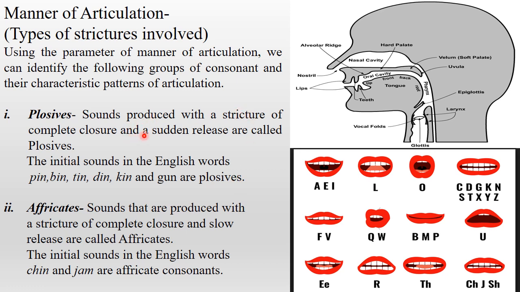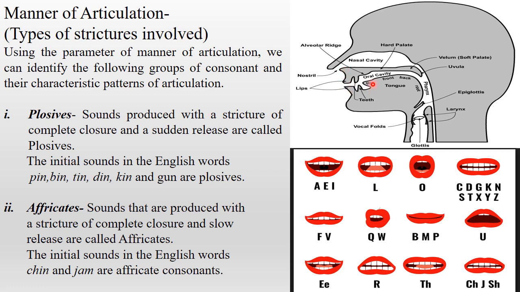So a stricture of complete closure and sudden release. For example, if you are producing this sound, pin, what happens is both the lips come together, they restrict the air, and it is released suddenly and the sound is produced. Pin. Same for bin, tin.